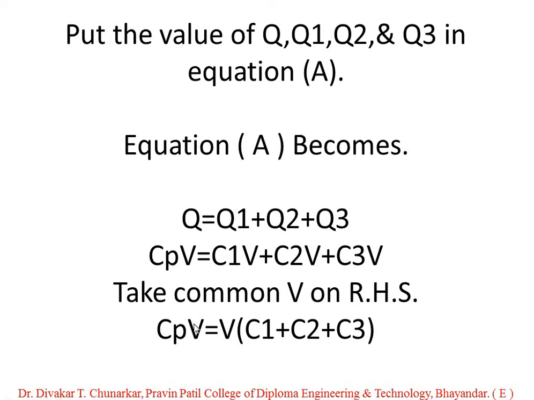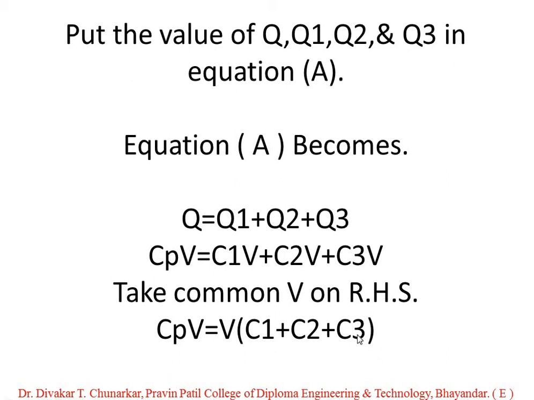So CpV as it is, and on the right side V common, so C1 plus C2 plus C3 in the bracket. This V and this V cancel. So our equation is Cp equal to C1 plus C2 plus C3.